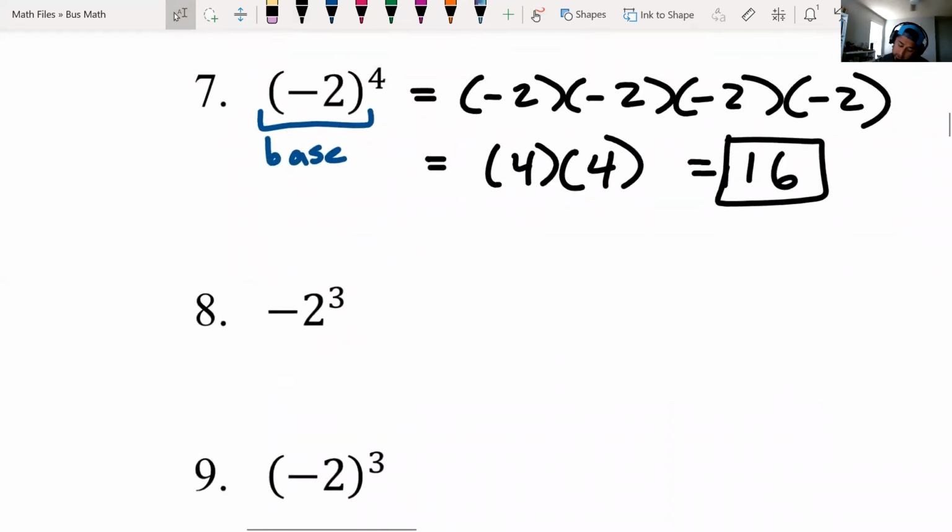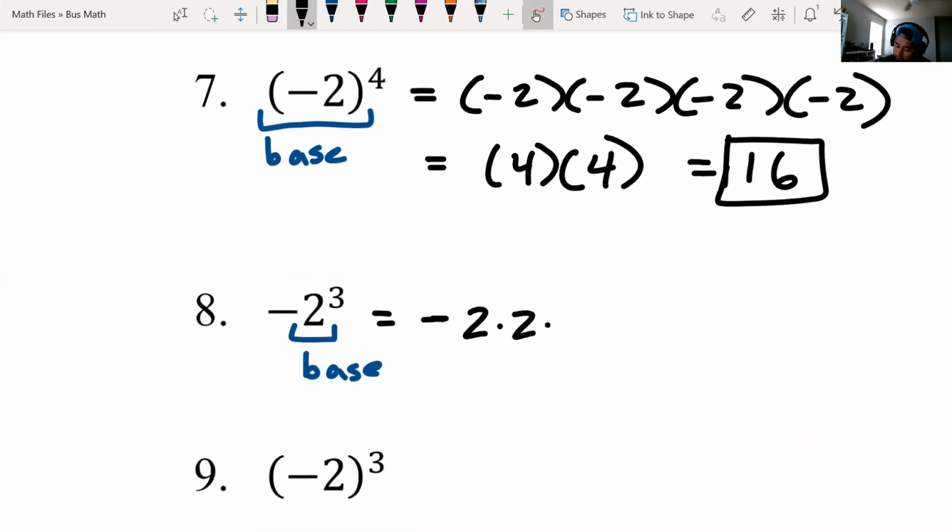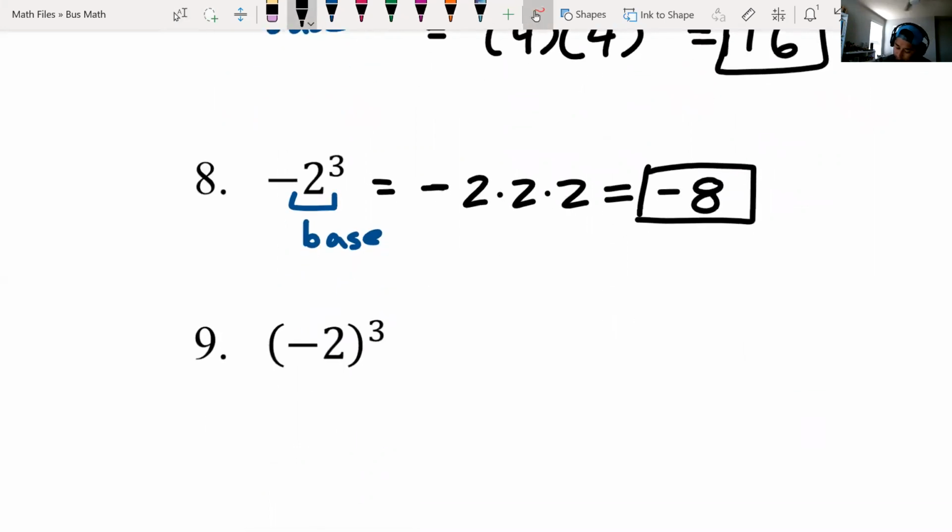All right. Again, more practice here. -2 cubed. 2 is just my base. So this means when we expand it, you'll get that negative up front, and 2 times 2 times 2, which is going to be -8. All right. And then -2 in parentheses cubed. That's the base.